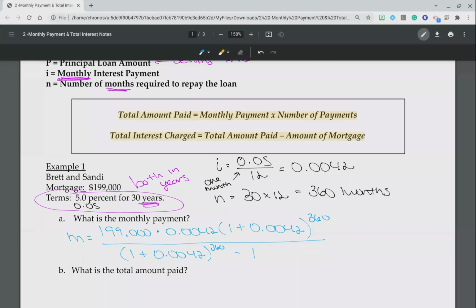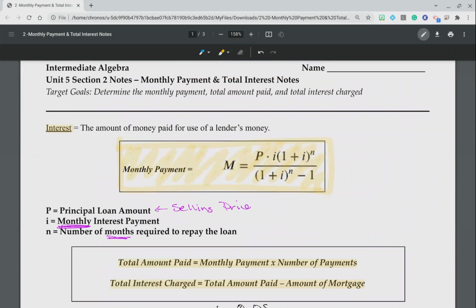So that is just me plugging all of those numbers into this equation that I gave you guys up here.